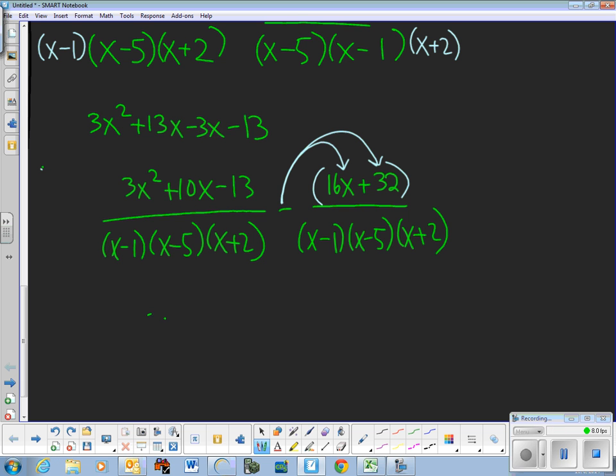All right, so I have 3x squared. I have 10x, and I'm going to subtract 16x from that, get negative 6x. I have negative 13, and I need to subtract 32 from that, which gives me negative 45 over my common denominator.